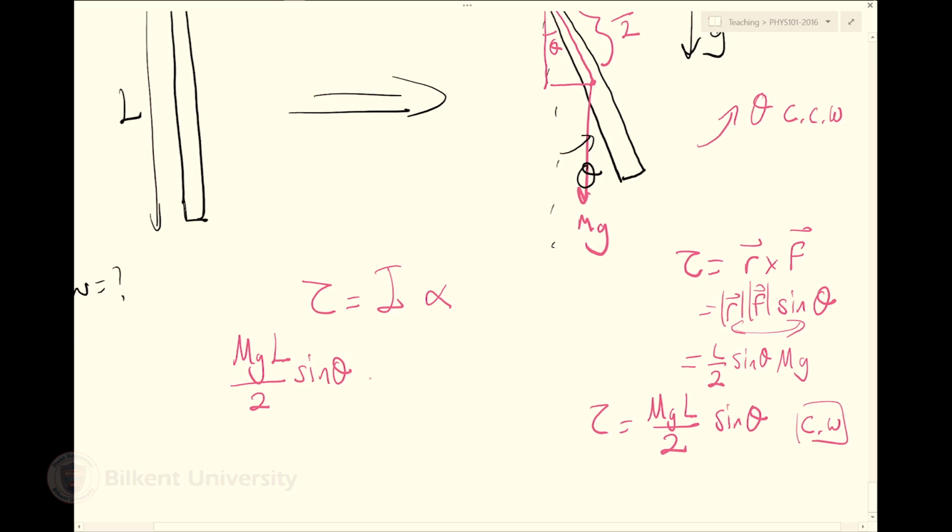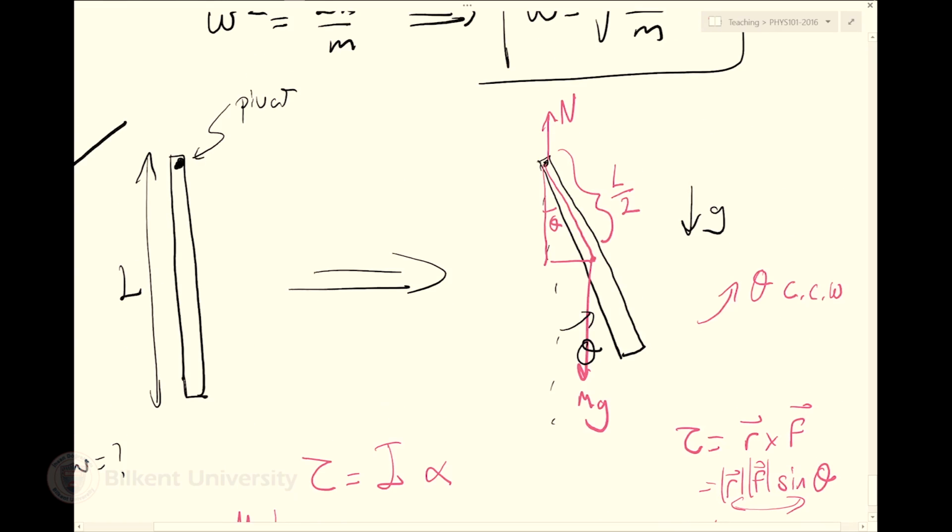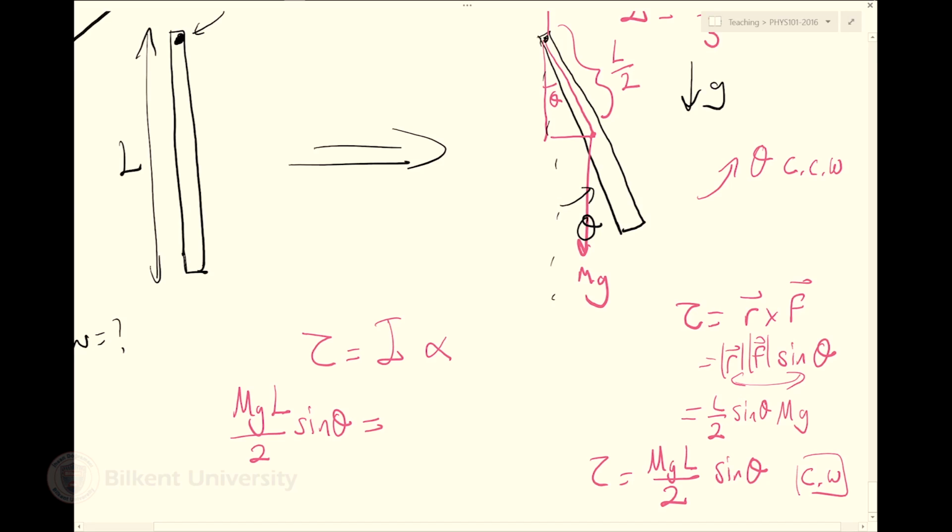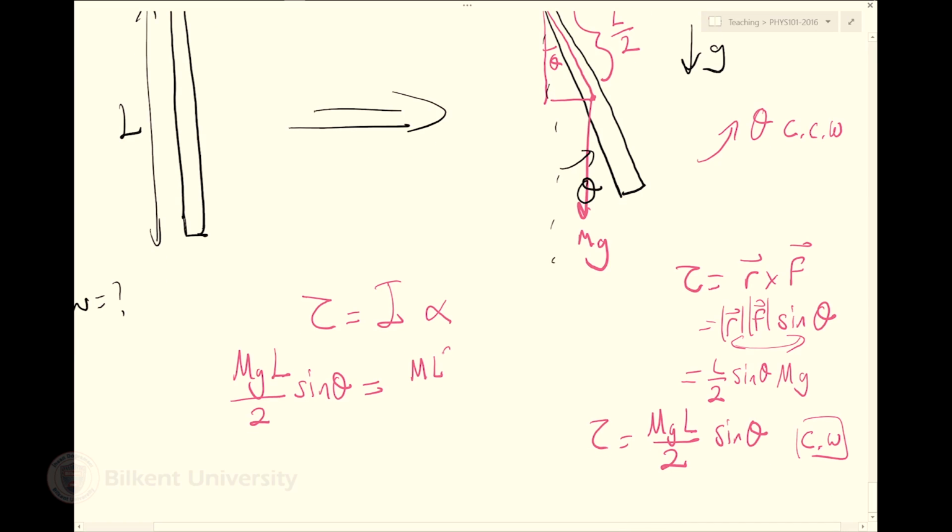sine theta. How about I? I would remember that the moment of inertia from the edge of the rod is mL squared over 3, times alpha, which is d squared theta dt squared. But theta is counterclockwise, torque is clockwise, so I have to be careful.